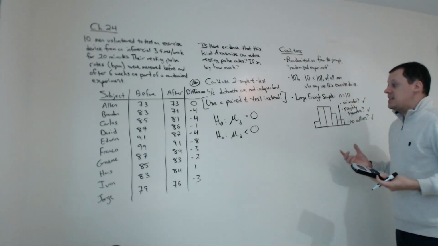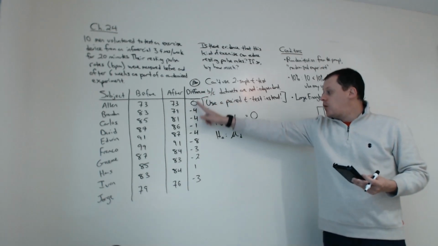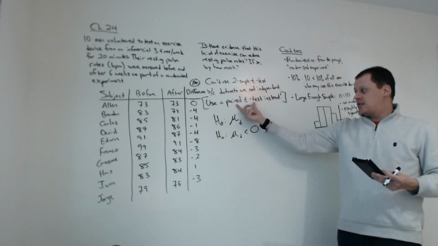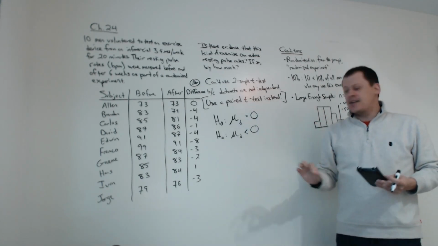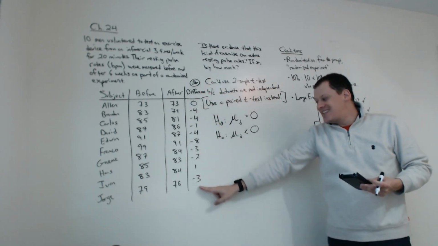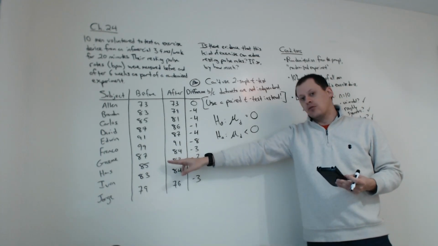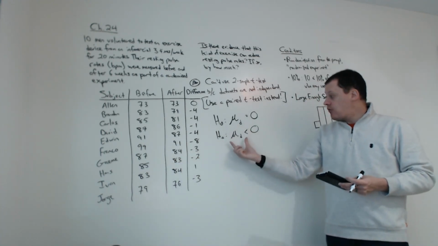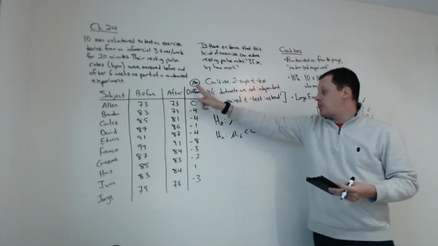But the thing to keep in mind here, once we've taken the differences to perform this paired t-test, everything we do for the test is based on this data set, not the ones that you were originally given in the problem. The hypotheses only have one parameter here because it represents the differences.